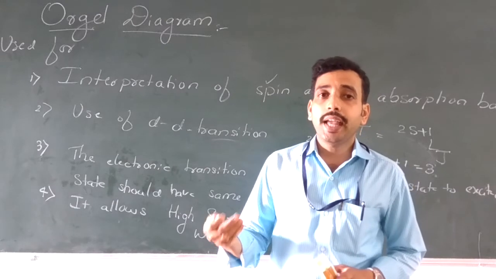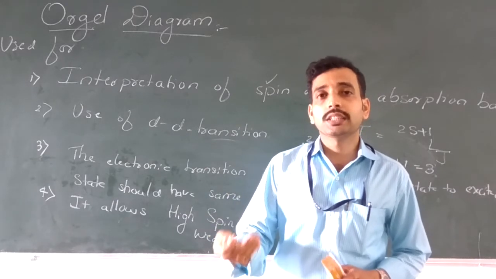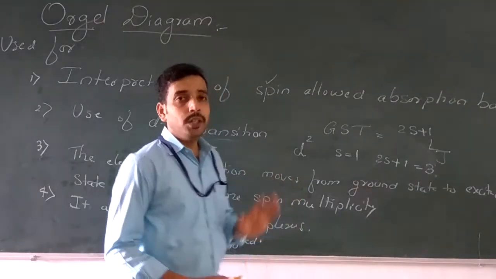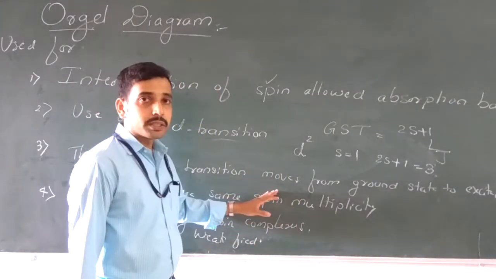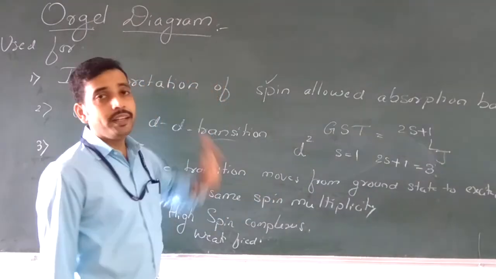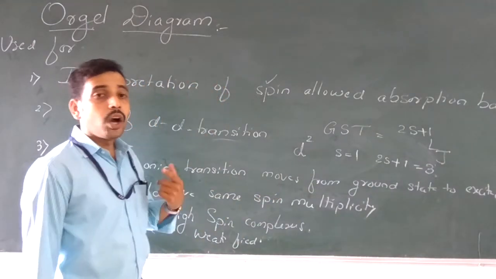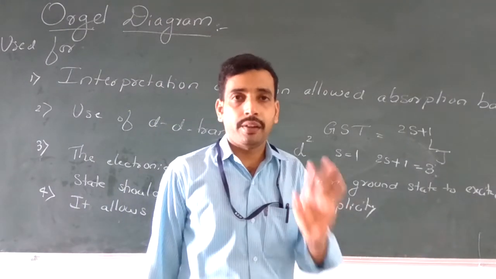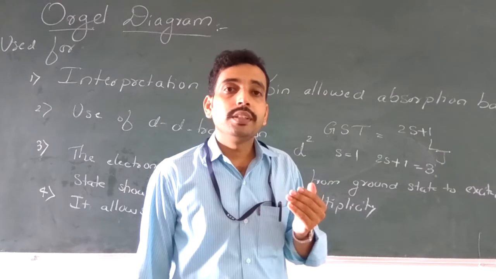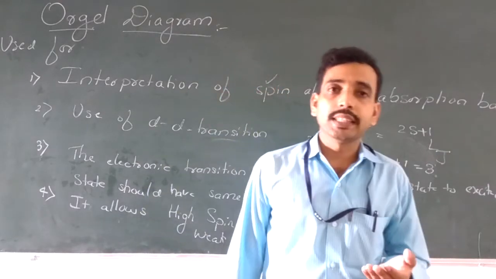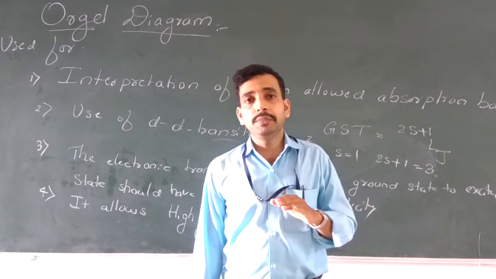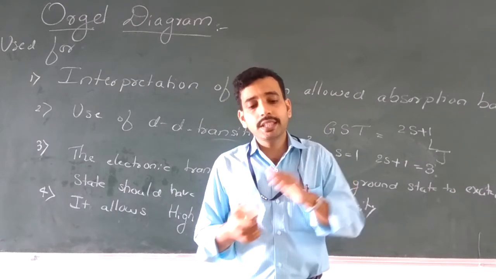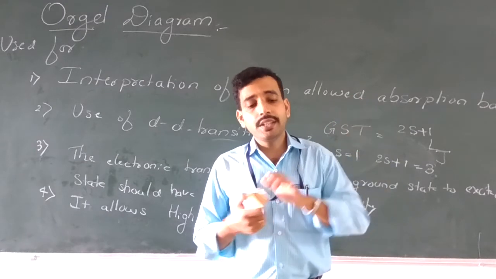Why does it allow only high spin complexes, not low spin? Because in the Orgel diagram the d-d transitions are shown, and the Orgel diagram always shows the visible spectrum. In low spin complexes, the ligand strength is more, so the energy gap increases.